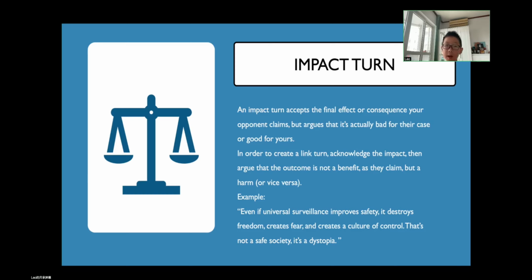So, for example, even if universal surveillance improves safety, now the cause is universal surveillance, the effect is improved safety. Now you're twisting the cause by saying that universal surveillance also causes fear and destroys freedom, and it creates a culture of control. So that is an impact turn.